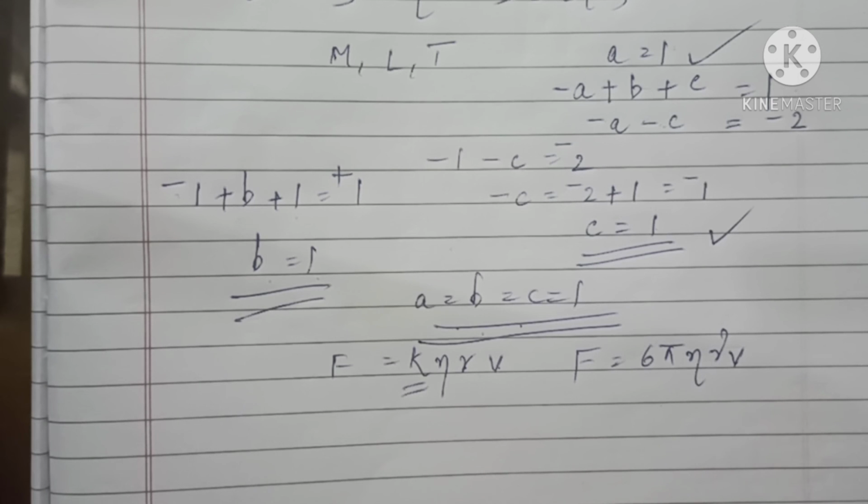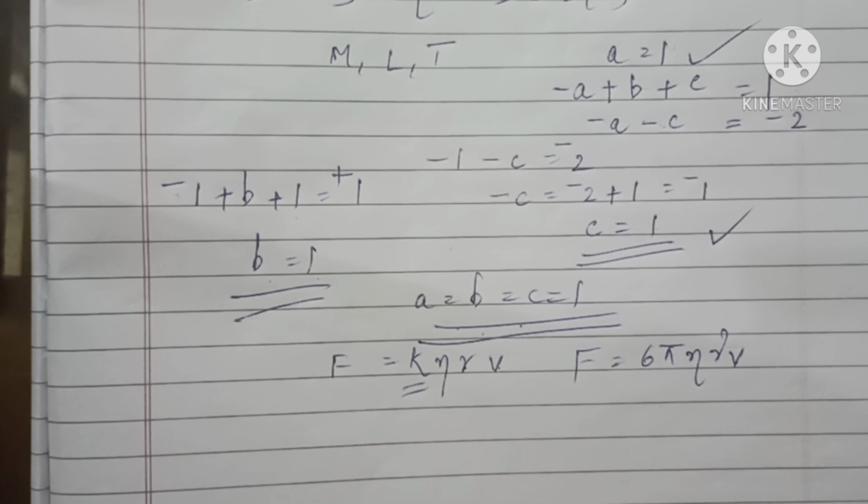So Stokes' law gives the viscous drag on a body falling through a fluid. It says that the backward viscous force acting on a small spherical body of radius r moving with uniform velocity v through a fluid of viscosity eta is given by the expression F is equal to 6 pi eta r v, which means that as the radius and velocity increase, the viscous force also increases.